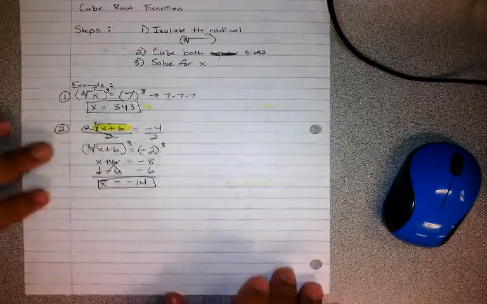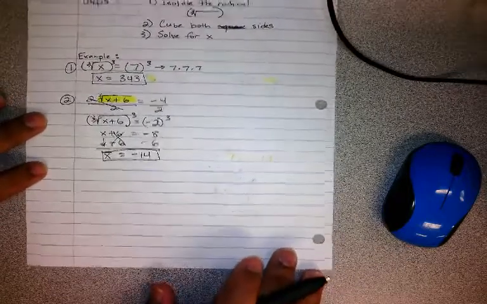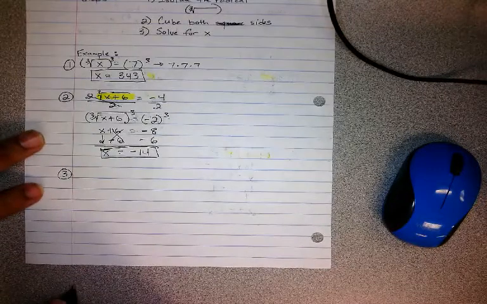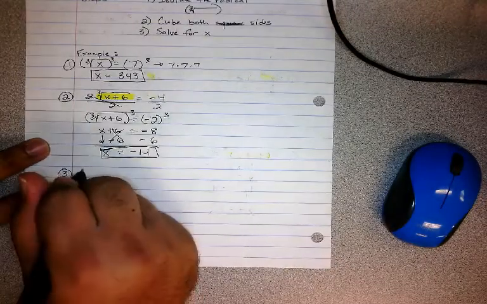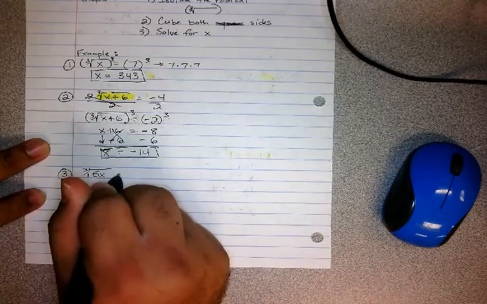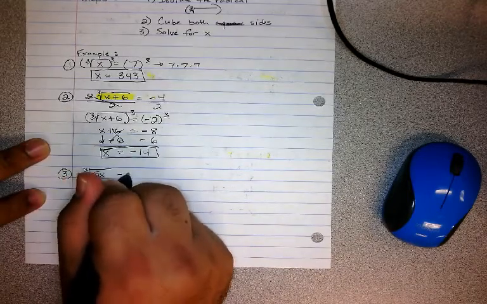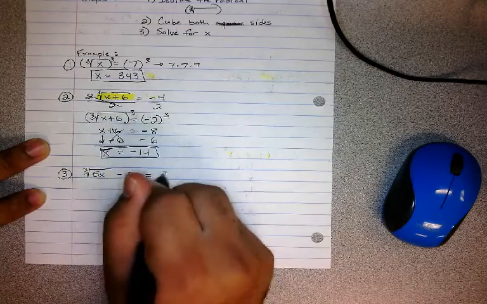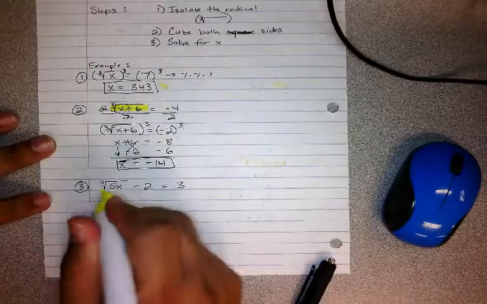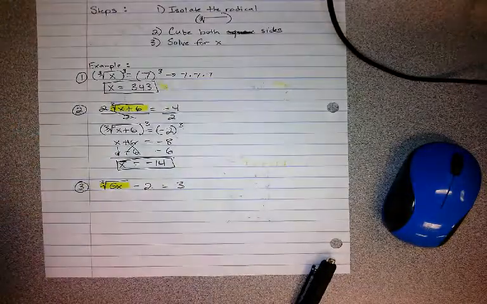We got one more example. Number 3: the cube root of 5x minus 2 equals 3. Remember again, the first step is to isolate the radical.